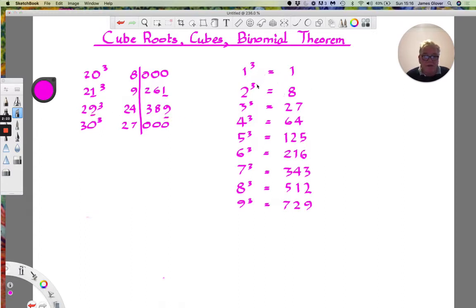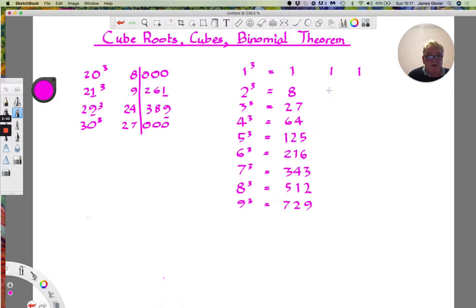Now over here I've set out the cubes of the first 9 digits, and you'll need to commit these to memory, but there is a pattern in the last digits of the cubes. So where a number ends in 1, its cube will end in 1.